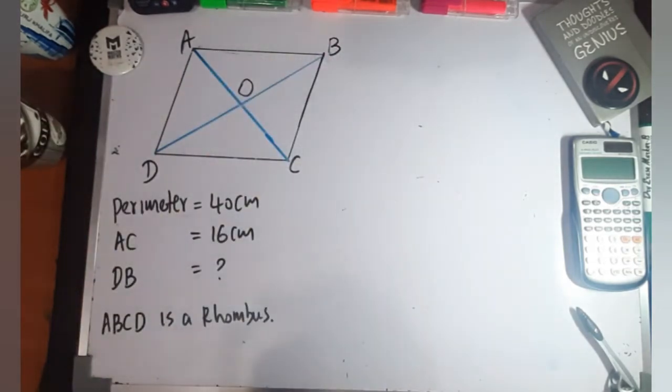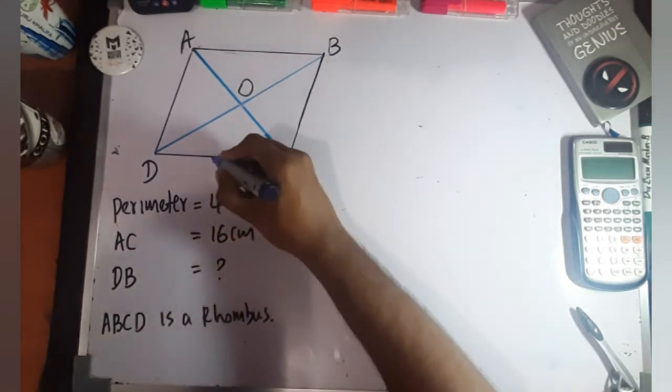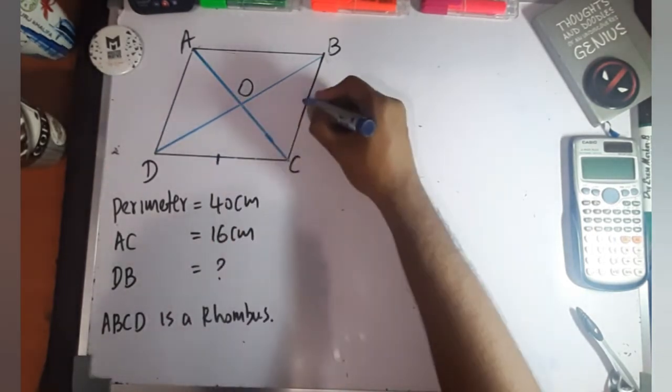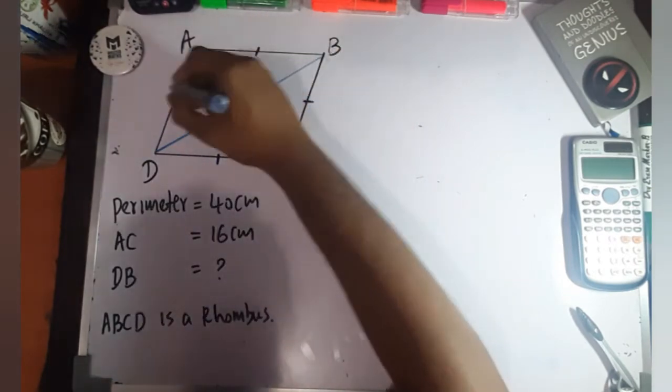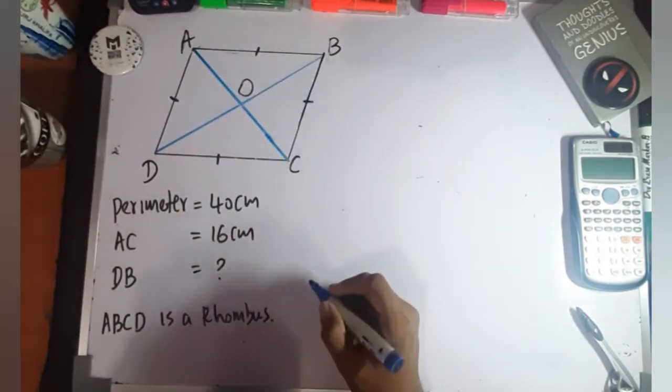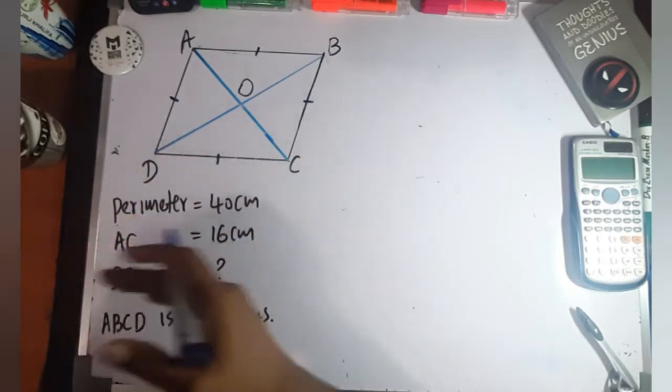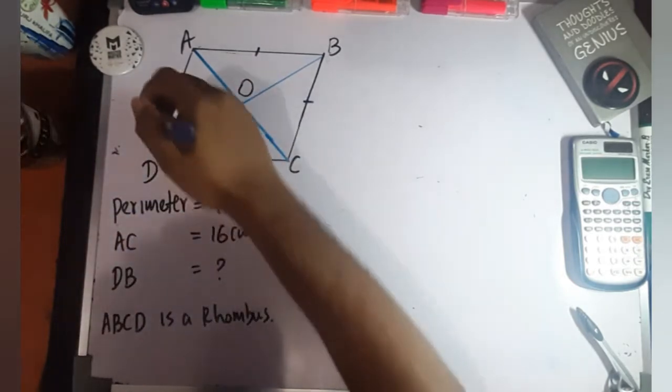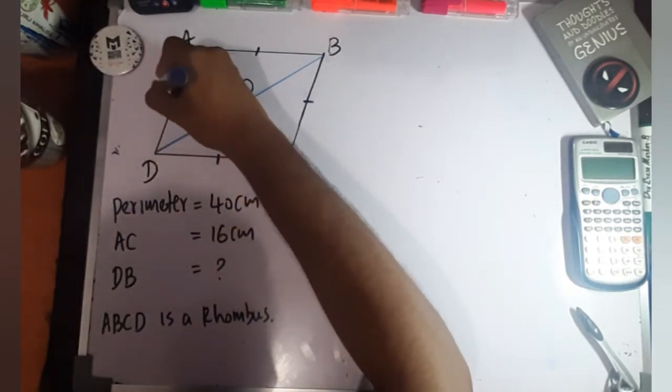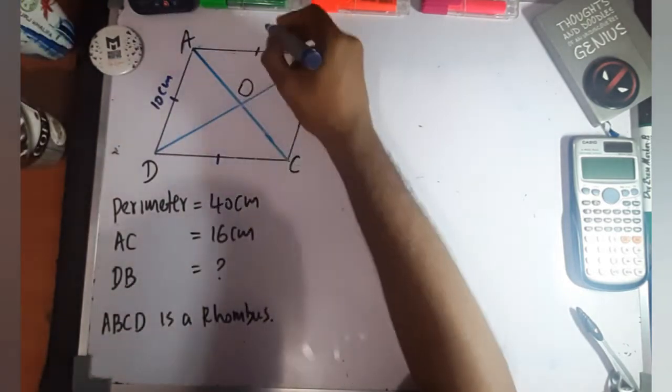Now, one thing most of you all understood and did correctly is, you all remember in a rhombus, just like a square, all four sides are equal, which means this side, this side, this side and this side will be equal. So you can easily find the length of any of these sides as 10 centimeters, which is 40 divided by 4.